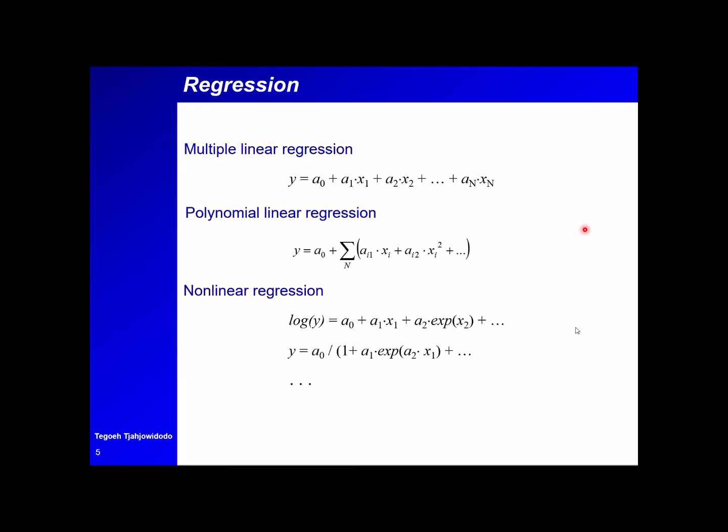We can have a polynomial function that correlates the input x to y, or we can also have a nonlinear function to represent the relationship between input and output. You can do it with a regression approach as long as you can represent the function in linear form.